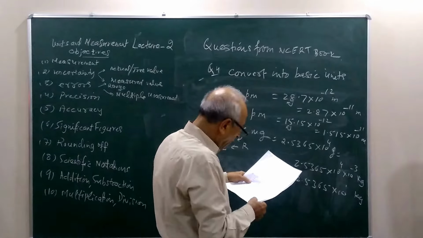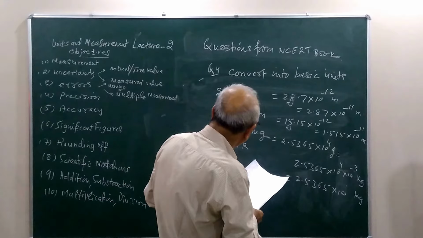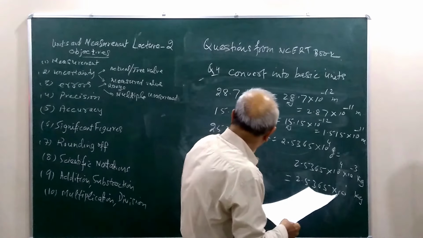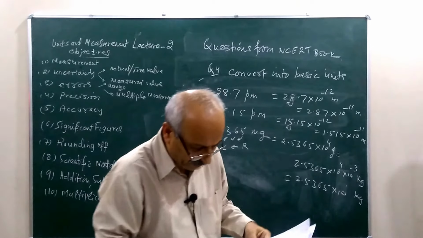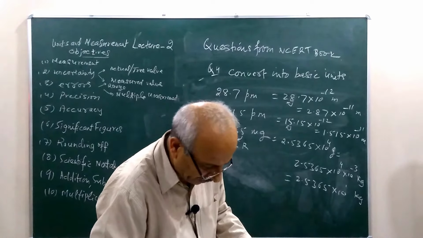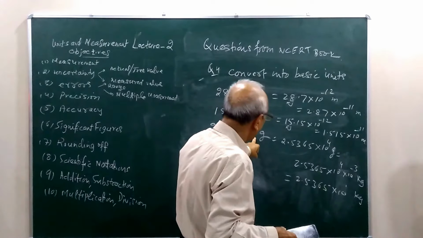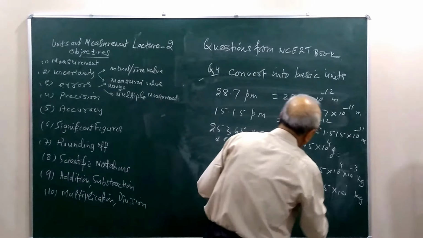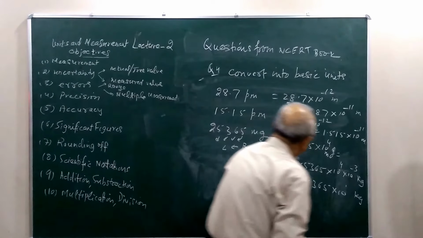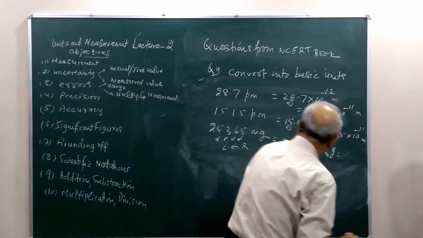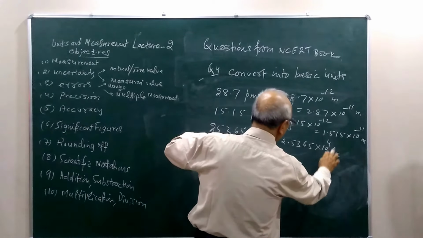It was 2.5365 milligram. There is some mistake here. This was milligram. First I have to convert; some mistake is here. This is 2.5365 into 10 power 4 milligrams.